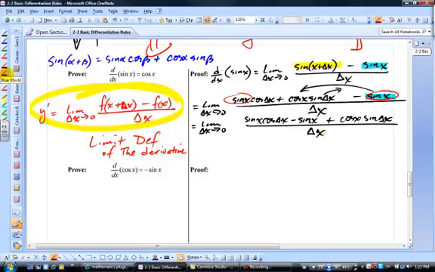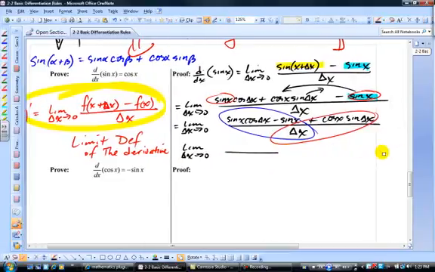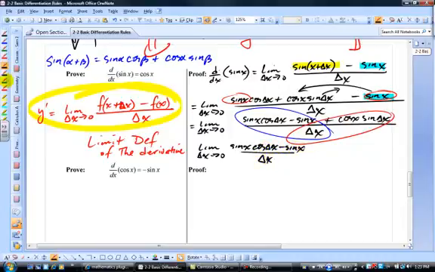Then I want to split the fraction again. I want to take all of this divided by delta x, and all of this divided by delta x. So I take the limit as delta x approaches 0 of sine x times cosine delta x minus sine x, all divided by delta x, plus the limit as delta x approaches 0 of cosine x times sine delta x, all divided by delta x.